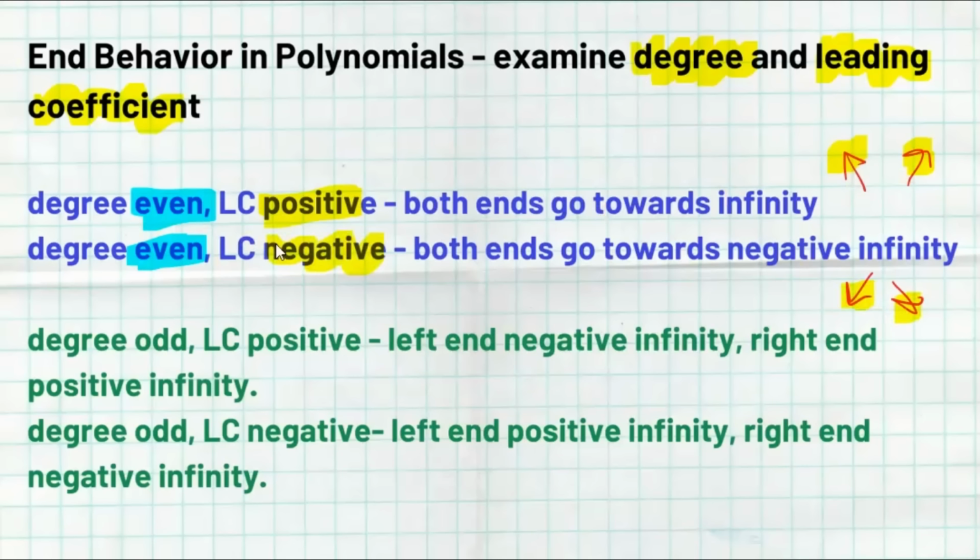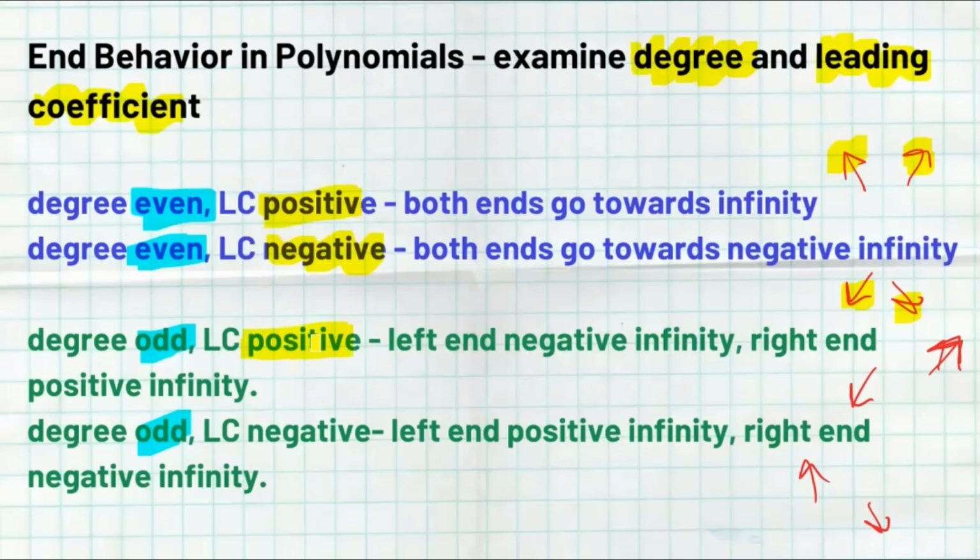Now, when you have an odd degree, 1, 3, 5, 9, then one end is doing the opposite of the other end. So either one end is going up and the other end is going down, or vice versa. Now, how do you know which one it is? Again, you have to look at the leading coefficient.